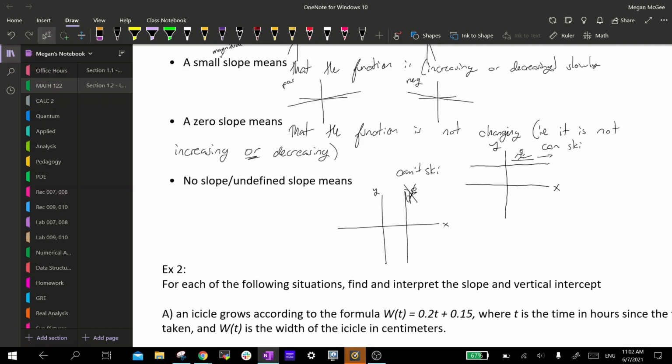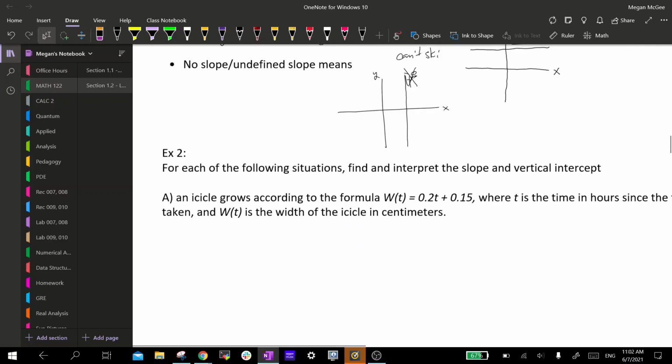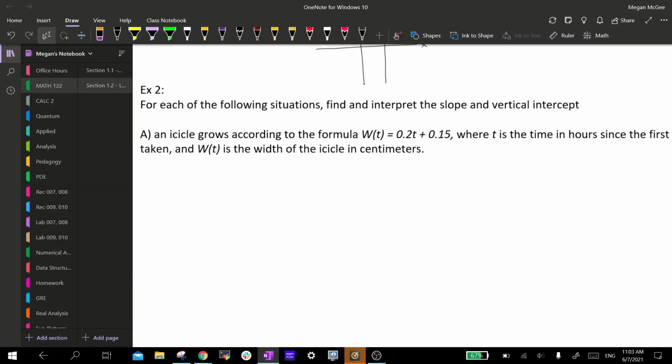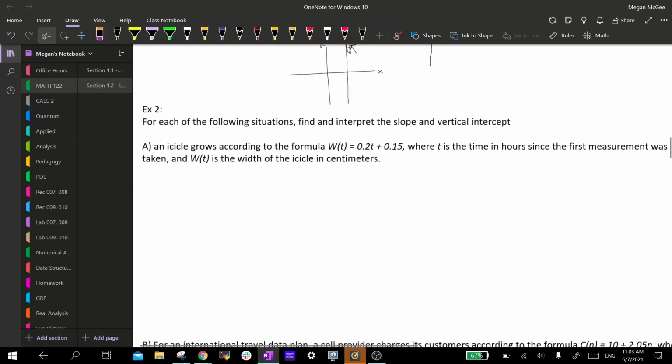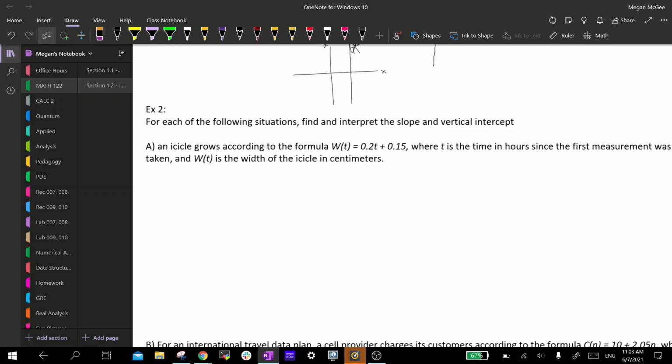So let's go ahead and look at example number 2. So for each of the following situations, we need to find and interpret the slope and the vertical intercept. Okay, so our first part A, an icicle grows according to the formula given here, where t is the time in hours since the first measurement was taken, and w of t is the width of the icicle in centimeters.